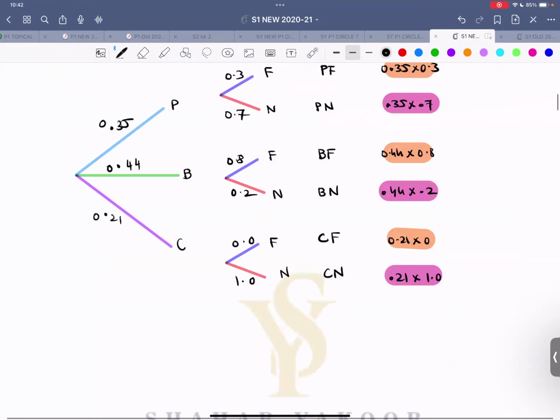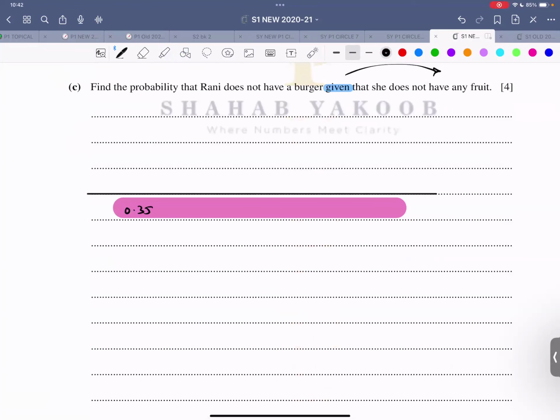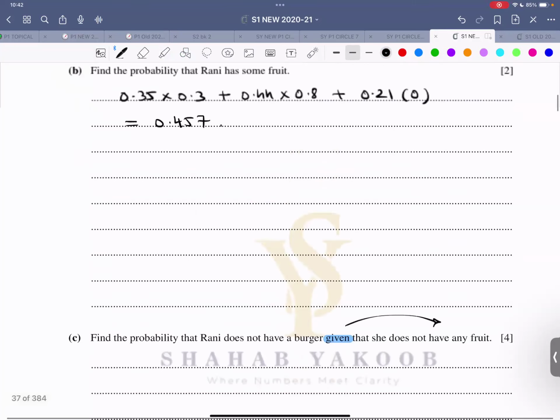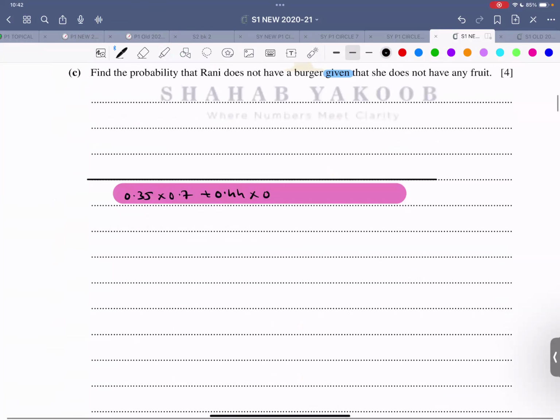The pink ones, 35, 7, 44, 2. So this is 35, this is 7, this is 44, and this is 44 and 0.2, and 0.21 into 1.0. So these three things are the ones that go down in the denominator.